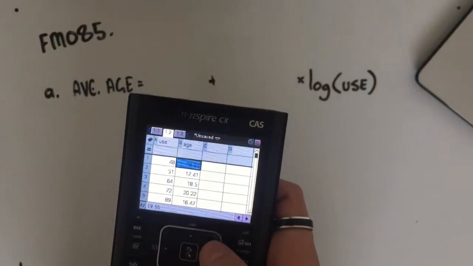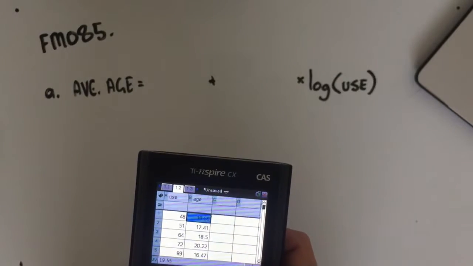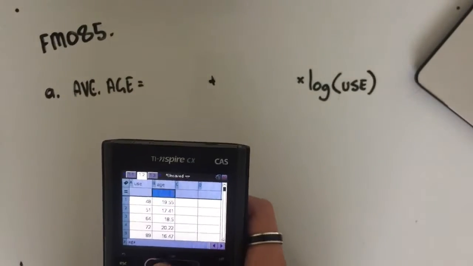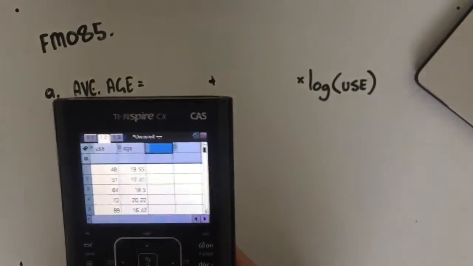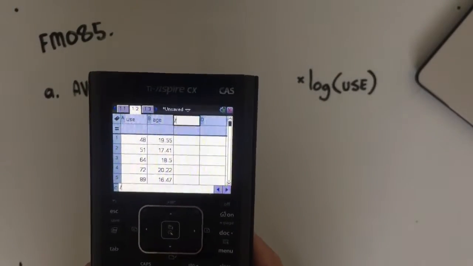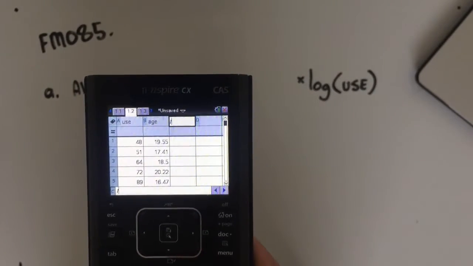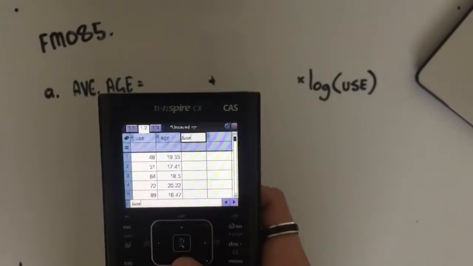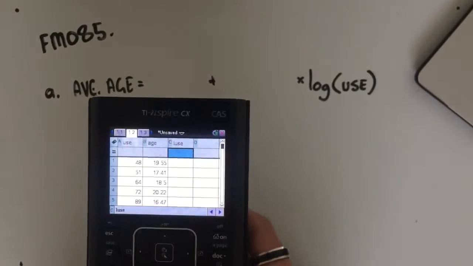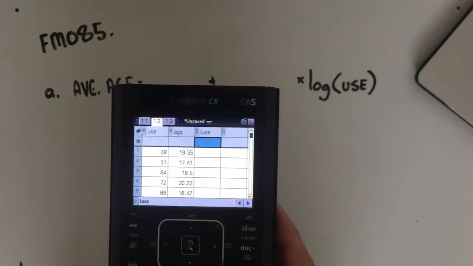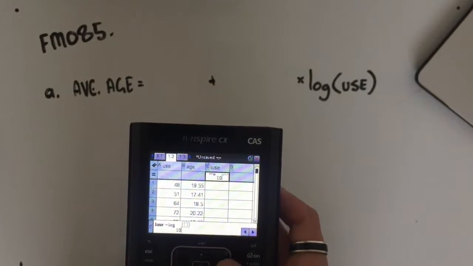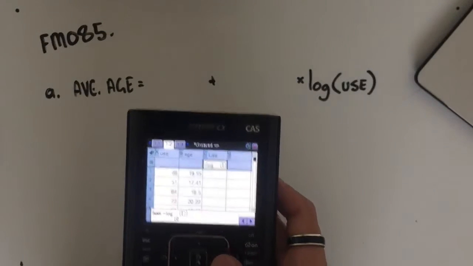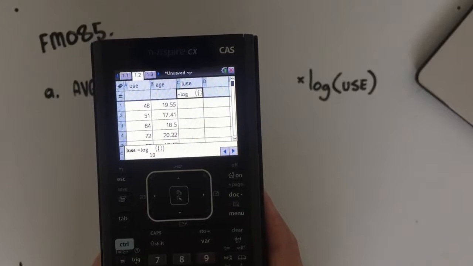What they want us to do is apply a log transformation to our use of hashtag InstaFood. How do we do that? Well, we might call this column L use, and we're going to create a transformed set of values. So how we do that is we just say that this column is going to be equal to log, and we always use base 10 in further maths, of use.